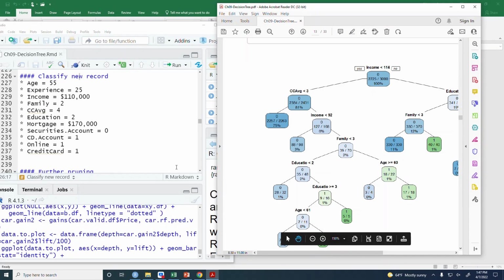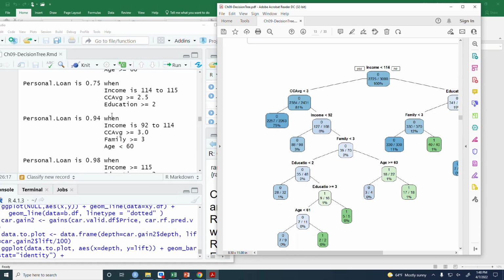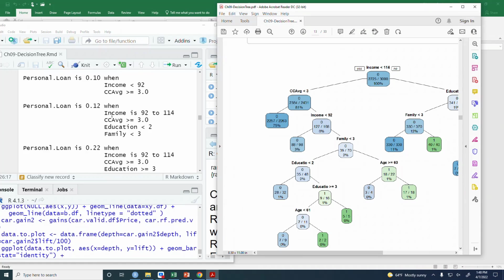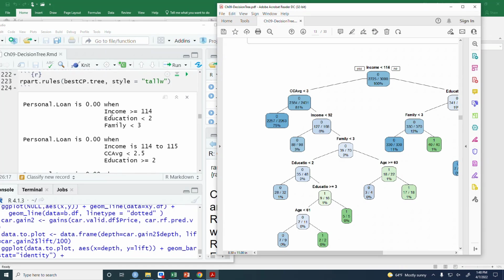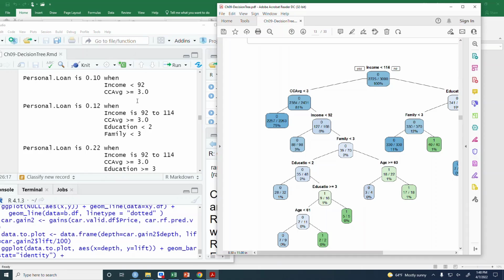You can use the rules here as well. So you can look at rules. Income is 110,000, so look for the rule. There are several rules with income of 110,000, and then CC average should be greater than or equal to 3. Here is one that satisfies the rule.